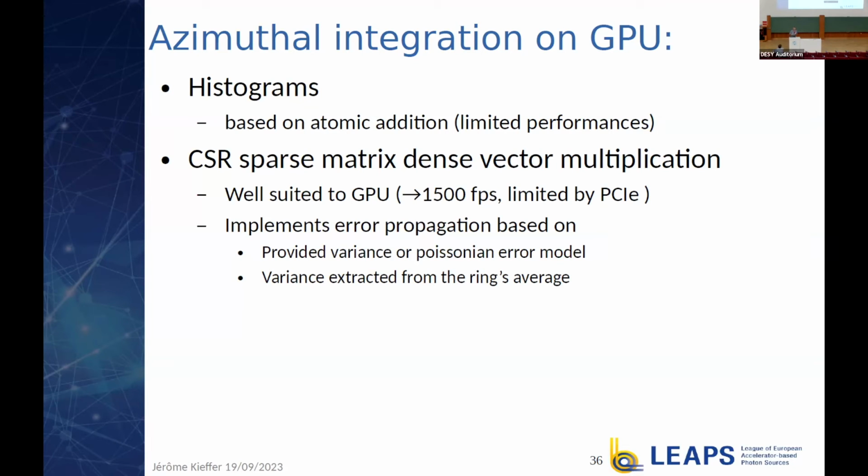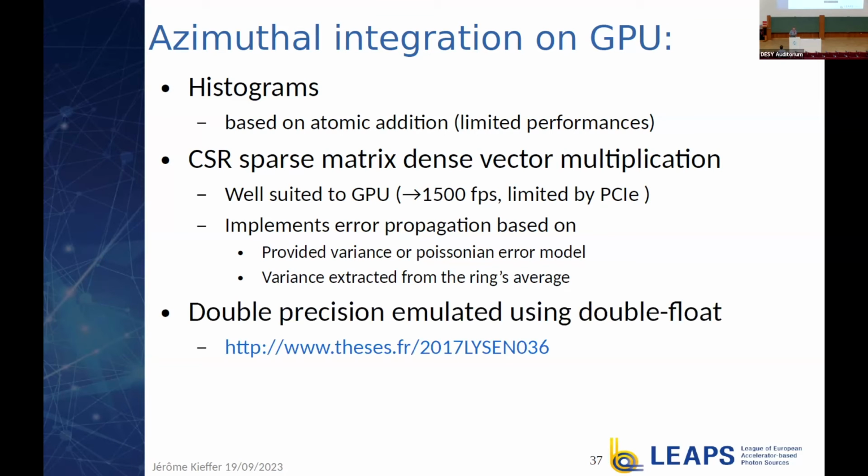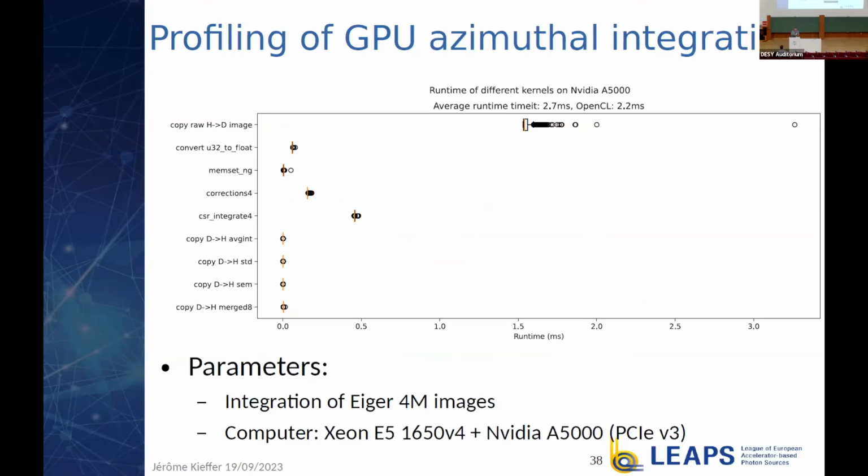And we have an implementation of error propagation using different error models. And this is something quite unique to PyFAI today. And we also have double precision, which is emulated using two floats in PyFAI, which is also something we can guarantee a level of precision of 56 bits per word.